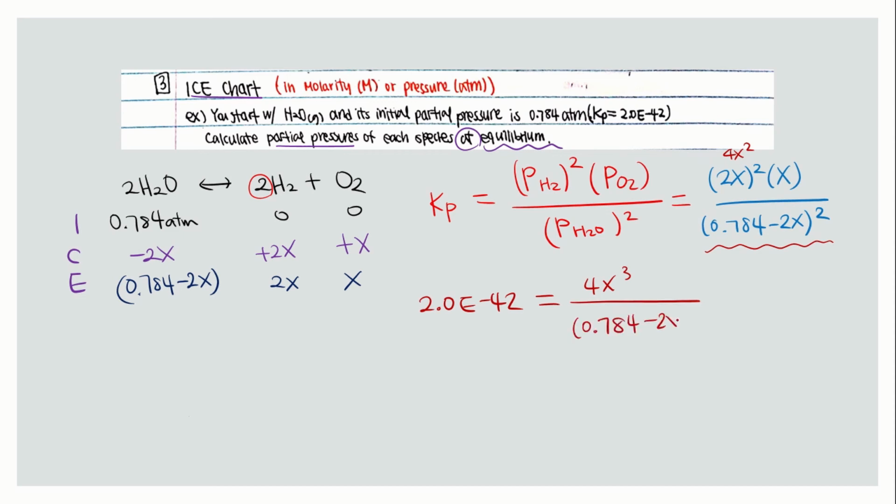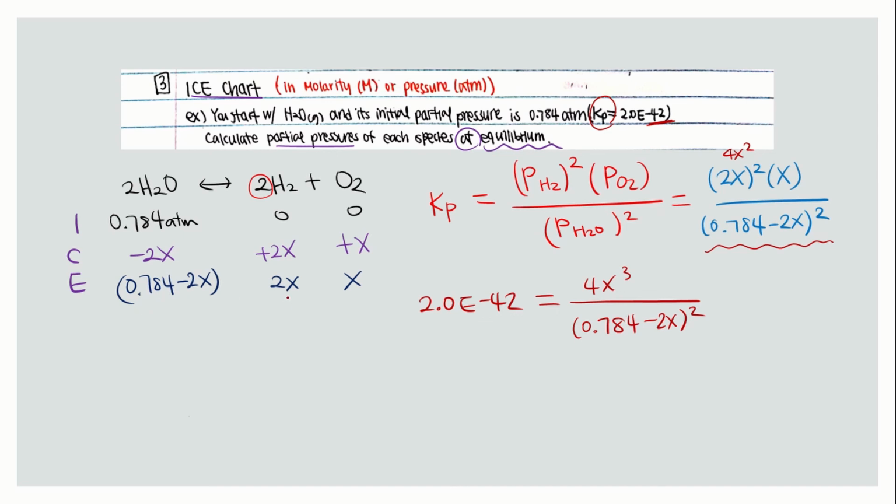0.784 minus 2x squared. And now you have to solve for x, but if you look at the question here, the Kp value is very small because it has a very large negative exponent. Because the Kp value is very small, it means that reactants are favored at equilibrium, so there will be mostly reactants at equilibrium.